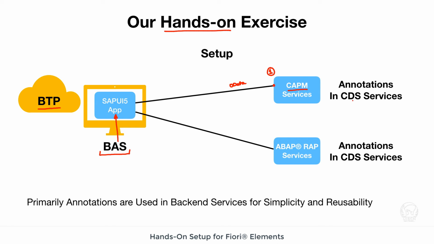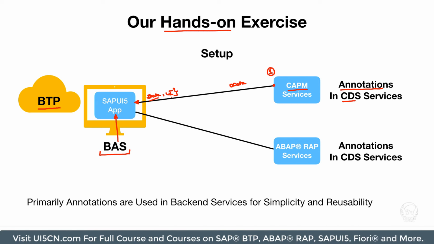So we will be creating a CDS view within this CAPM framework, and we will be exposing the CDS view, and within this CDS view we will be adding annotations, and with the help of these annotations the SAPUI5 application is going to be populating both the data and the UI aspect, or the metadata will be creating the UI. So both we are going to pass within our oData based services, and our Fiori elements will be using the data and the annotation both to create the front end or the UI of the application.